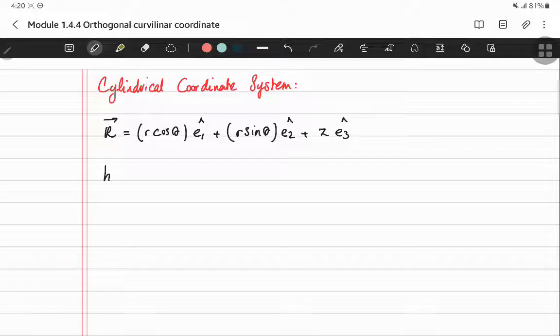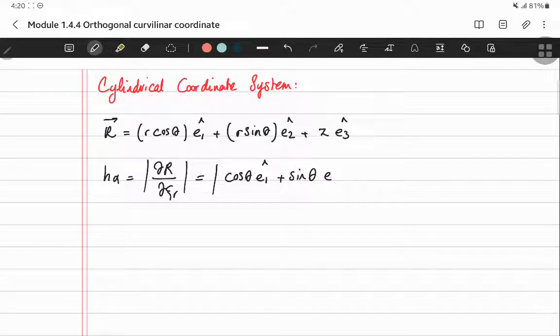So h alpha is basically the partial derivative of r with respect to z r, which is equal to cosine theta e1 plus sine theta e2, and then that's it.